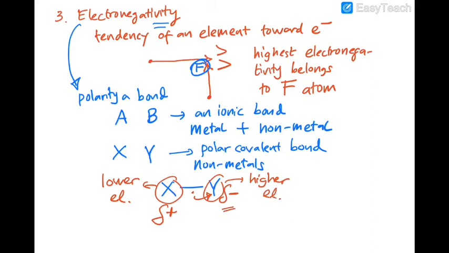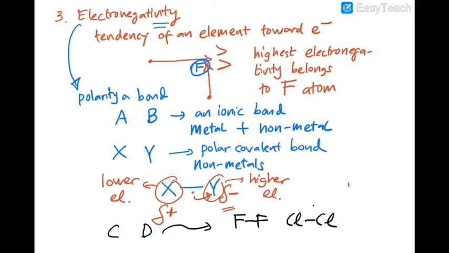Only when we have another example, for instance, C and D, if C and D result in no difference in electronegativity, so they both have the same electronegativity. The classic example, of course, is the same atoms making a molecule, for instance, F2 or Cl2.